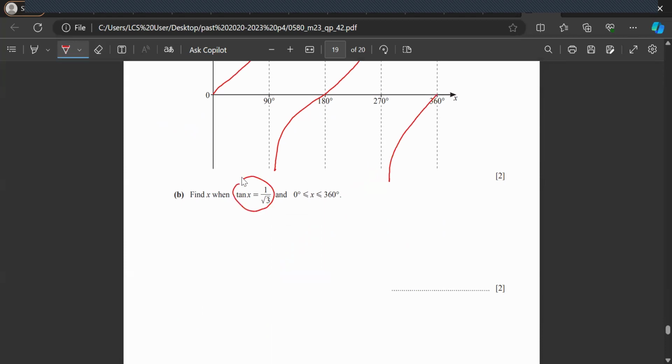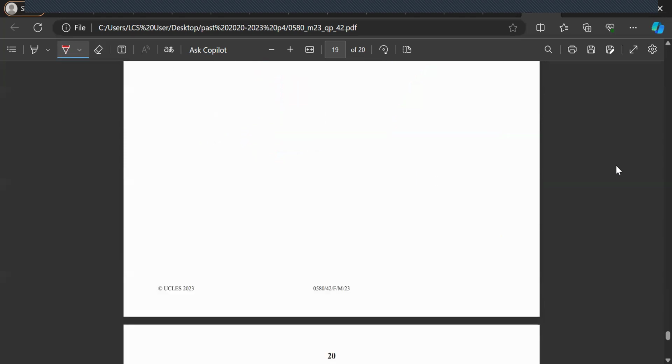When we get the first quadrant, we have the CAST rule. That means the tan is positive in the first and the fourth. So in the first, we take the angle as it is, and in the fourth, we subtract the angle from 360. Okay?